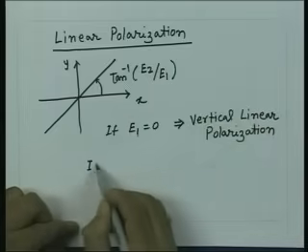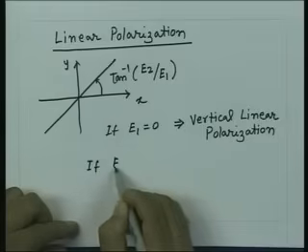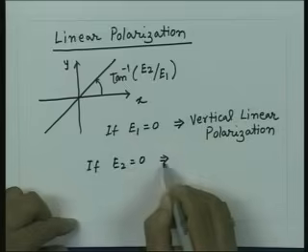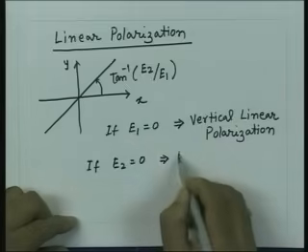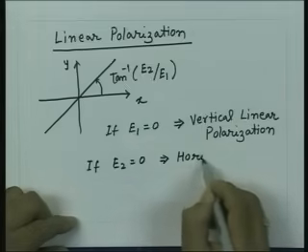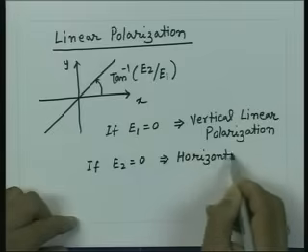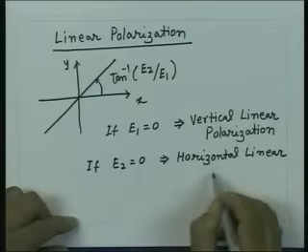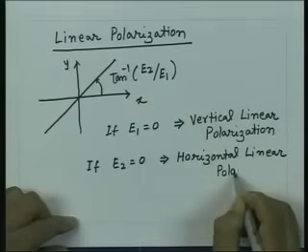Similarly, if E2 is equal to 0, that gives me the line which is horizontal. So, we call that polarization horizontal linear polarization.